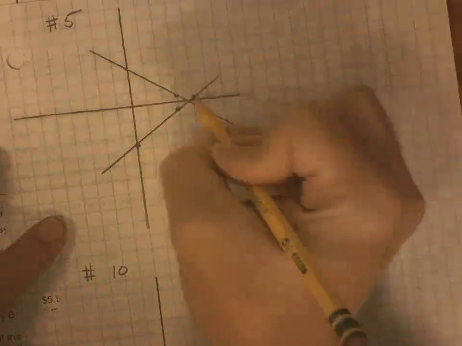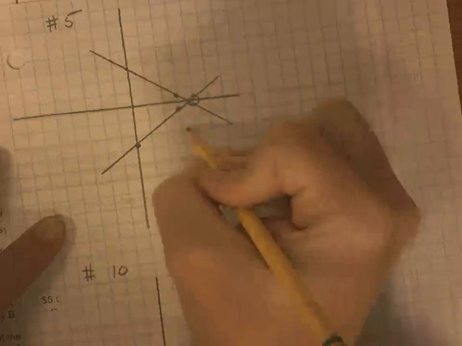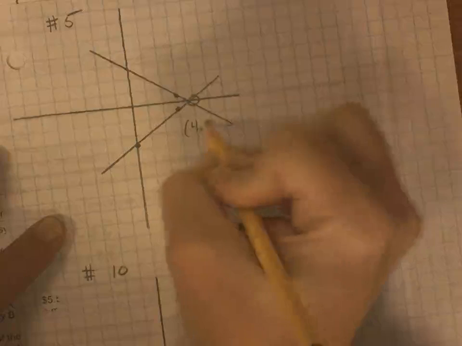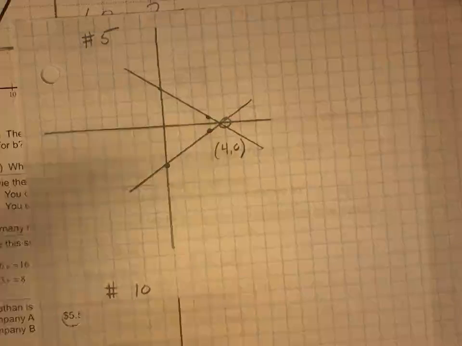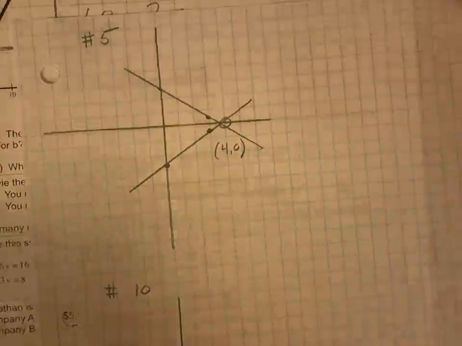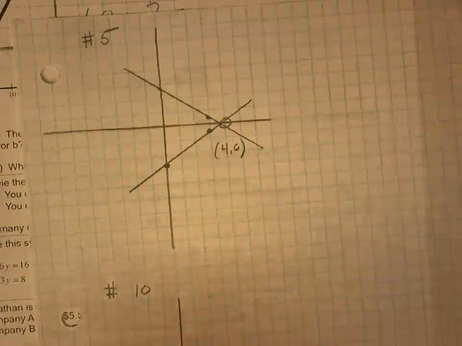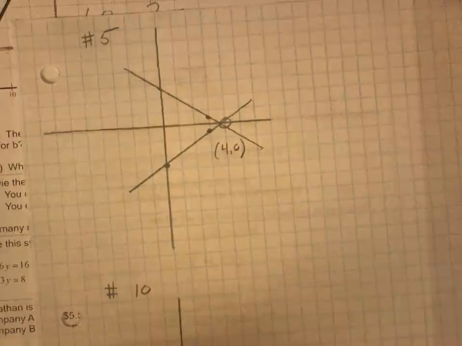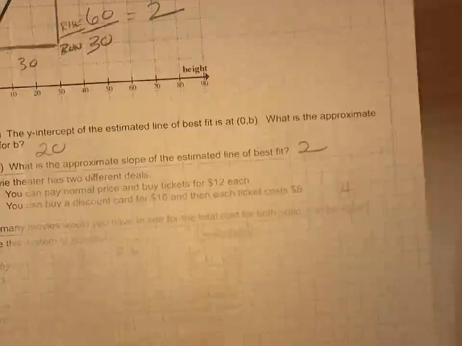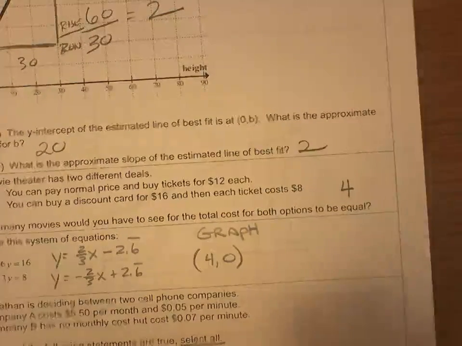And the closest thing is right about there. And that's going to be at 1, 2, 3, 4, comma 0. It's the best I've got for you. There are other methods for doing this, but I did not teach them to you because this method is going to get you good enough. It's going to get you close enough. So 4, comma 0.